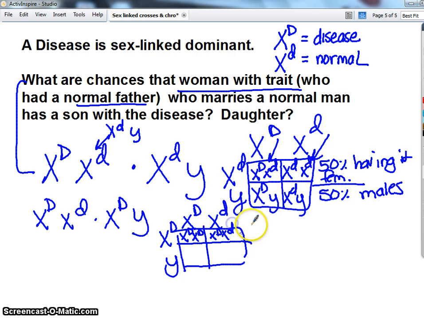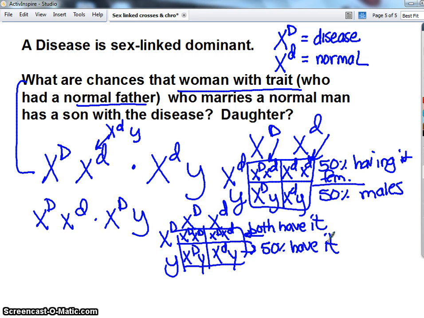So here's our girls, and in this case, they both have it. If the trait was recessive, actually, they would both be normal. And then for our males, X big D Y, X little d Y, so 50% of the males would have it. So it really doesn't change our answer for the males, because remember, it only mattered what the mom had for the males, so changing the dad doesn't affect them, but it does matter for the females.